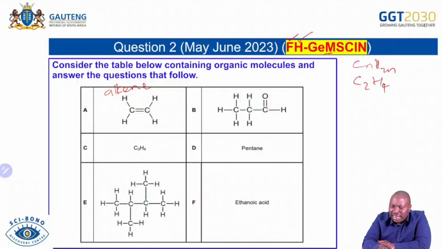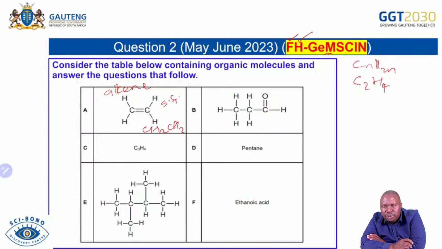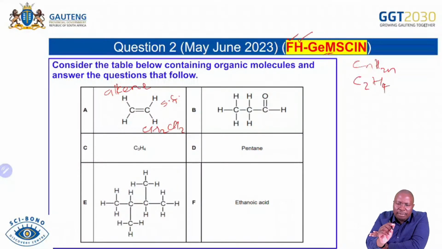Now, structural formula, you show all the bonds. Hence, you see what you are given here. It's a structural formula. You can even condense it and say CH2, CH2. So we won't be confused. When you see CH2, CH2, you know that there must be a double bond between those two carbons. So these are our formulas that we do. You condense, and then you must know the name. And we said when you have 2 carbons, remember, you look at the structure, you say it's a hydrocarbon.